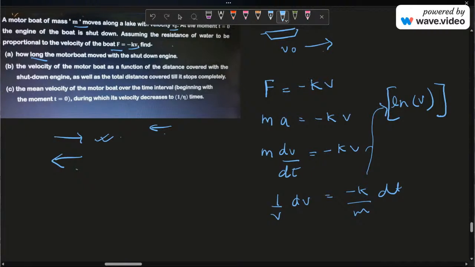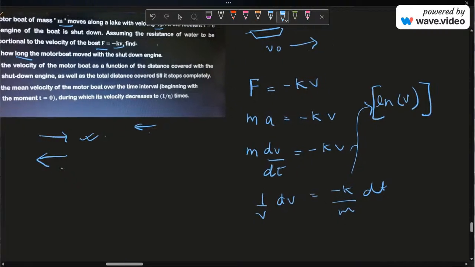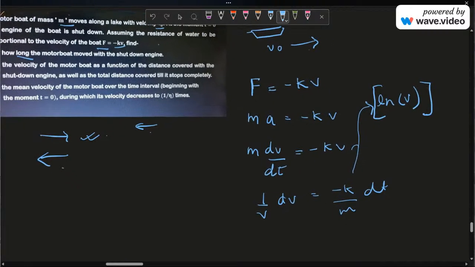Why I said this was because I wanted to put limits. Finally, how long the boat moved means until its velocity became zero, because after the point of time when the velocity becomes zero, the boat will still move but in the opposite direction. So the final velocity I will put as zero and the initial velocity is v naught.